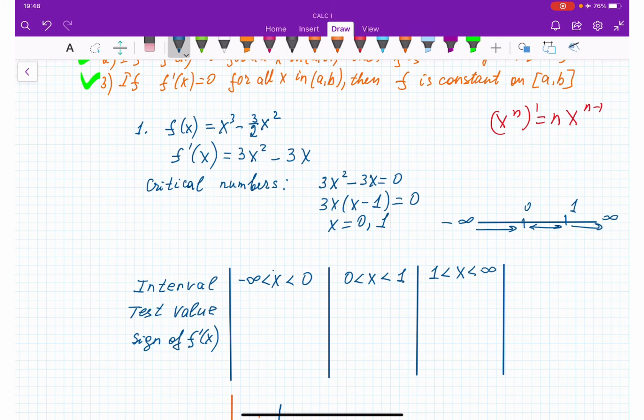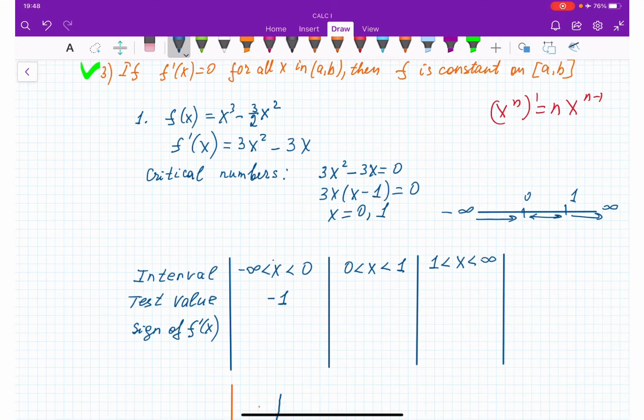Okay, so what's the purpose of it? We are going to find out if the function is increasing or decreasing on these intervals. On the interval between negative infinity and 0, let's take a testing value, for example, minus 1. f prime of negative 1 is going to be 3 plus 3, which is 6, greater than 0.